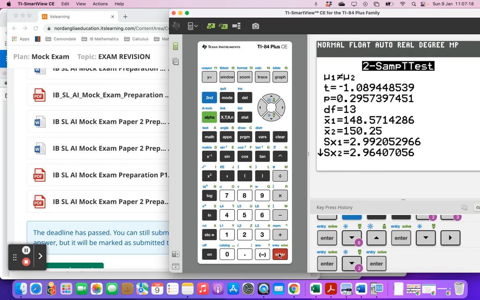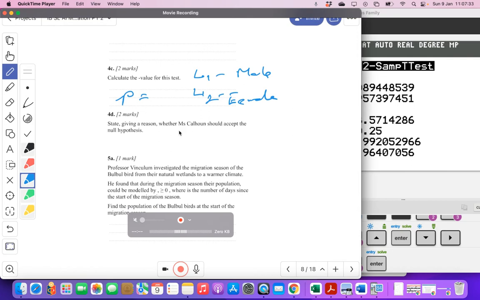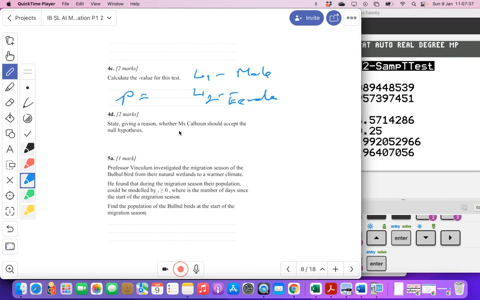So you can see that actually looks like the males are a little bit shorter than the females. Well, look at the negative 1.08 up here for the t statistic. Okay, so p is 0.296, I think is what we said.